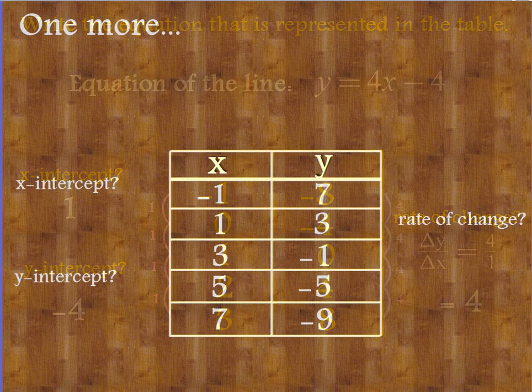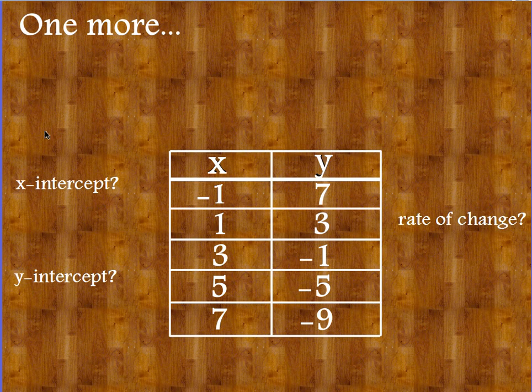One more. In this table, can you find the x-intercept? This table is a little bit challenging because we don't actually see the zeros. All I know as far as the x-intercept is concerned, remember the x-intercept is where y is 0.